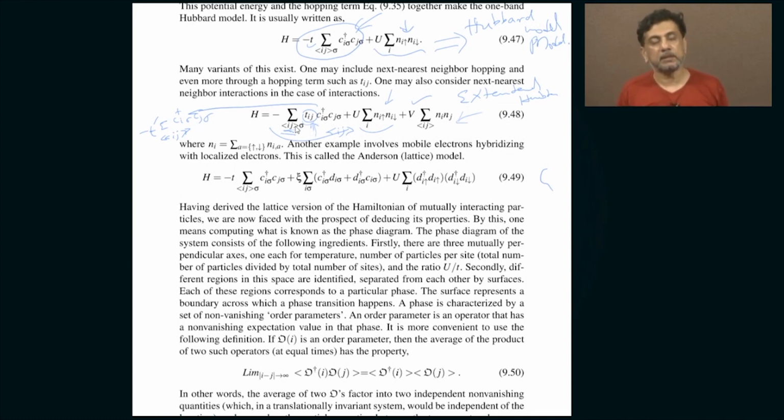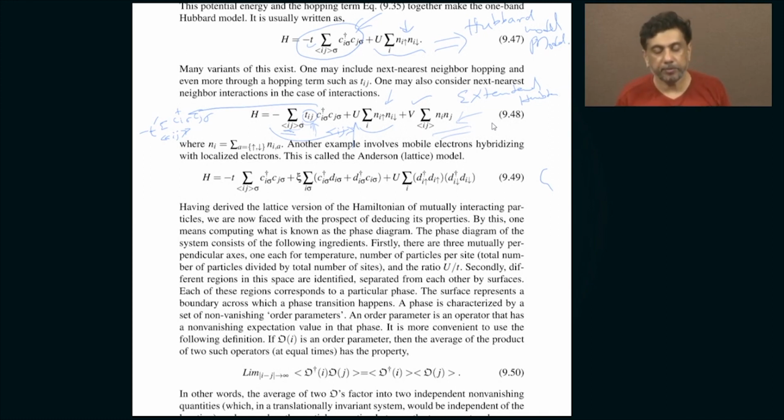Now, when they do, they certainly will have a strong Coulomb repulsion, which is described by this parameter called U. But then you can also have next nearest neighbor Coulomb interaction, and that is described by the next nearest neighbor interaction V. This is called the extended Hubbard model. The inclusion of next nearest neighbor hopping, next nearest neighbor Coulomb interaction, all those things, are called extended versions of the original simpler models.